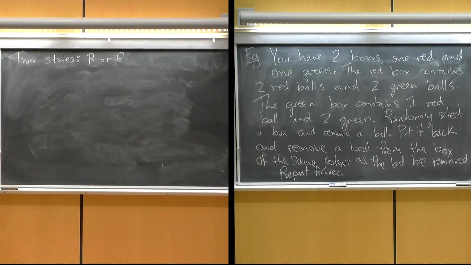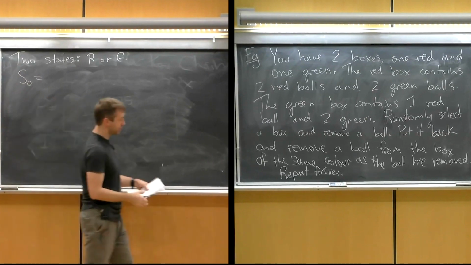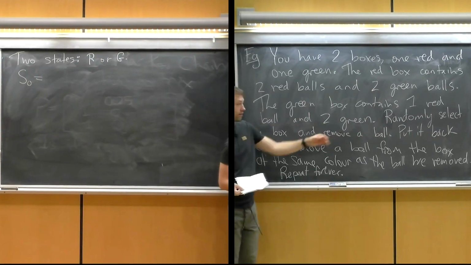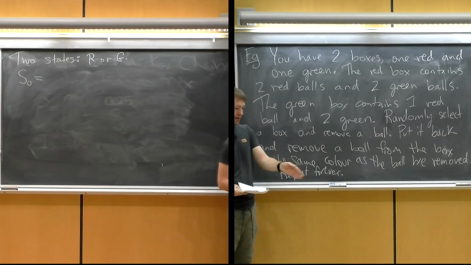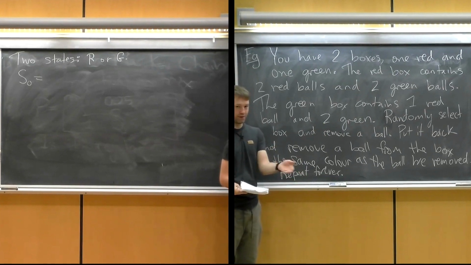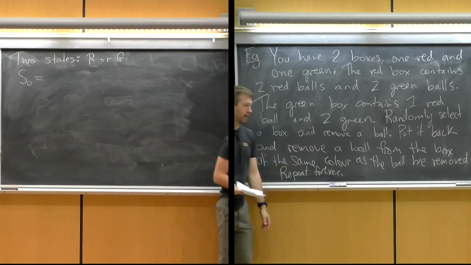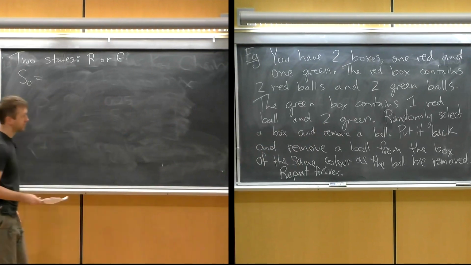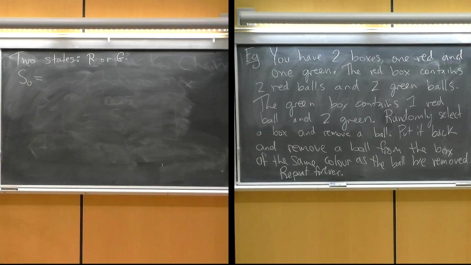So let's start with the initial state matrix, because it's kind of easier in this case. In the question, it says that in the first round, all you do is randomly pick one of the bins. It doesn't say 50-50 here, but that's what I meant by randomly select a box.